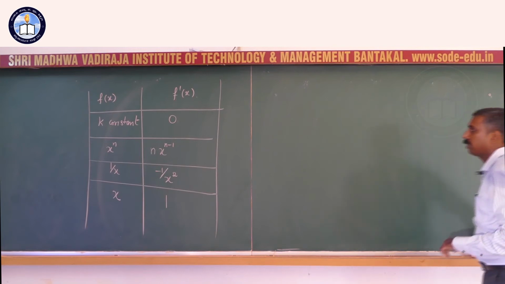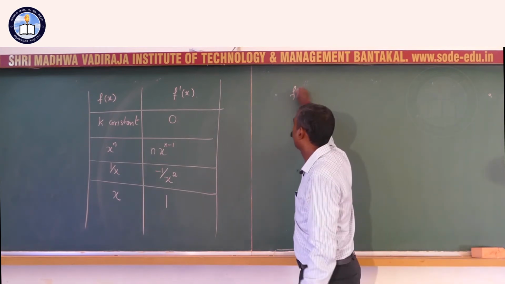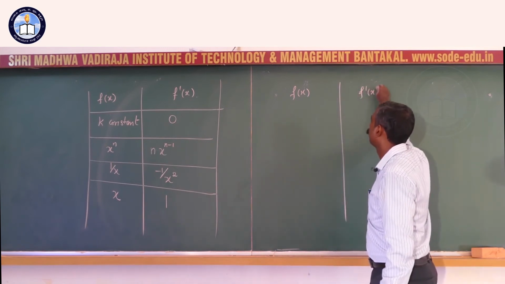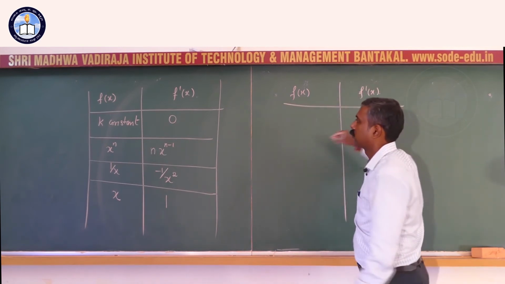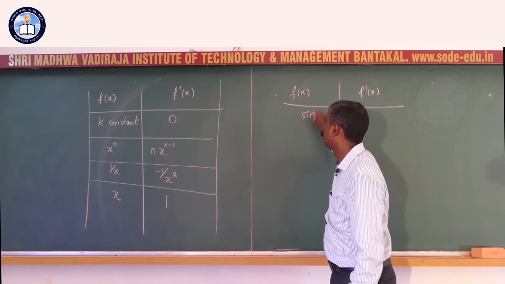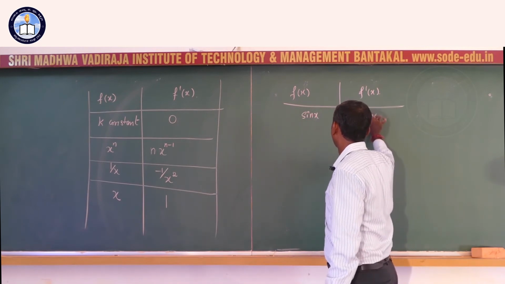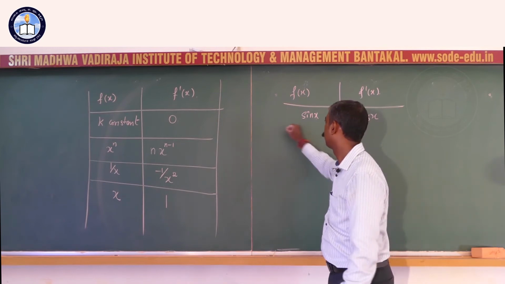They are f of x, f dash of x. So first one is sin x, derivative turns out to be cosine x.